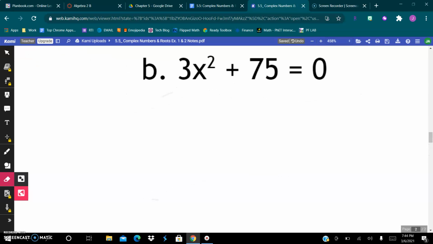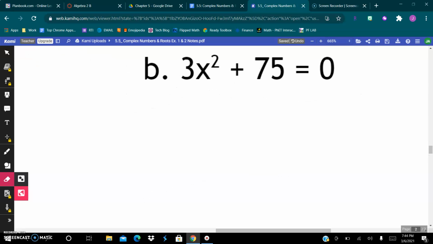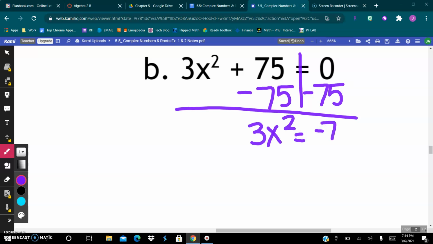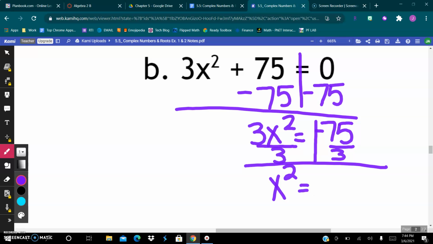All right. And then B, we have to isolate the x squared here. That's not done already. So we're going to subtract 75 from both sides. And we're going to have 3x squared equals negative 75. And then we have to divide by 3. So x squared equals negative 25.